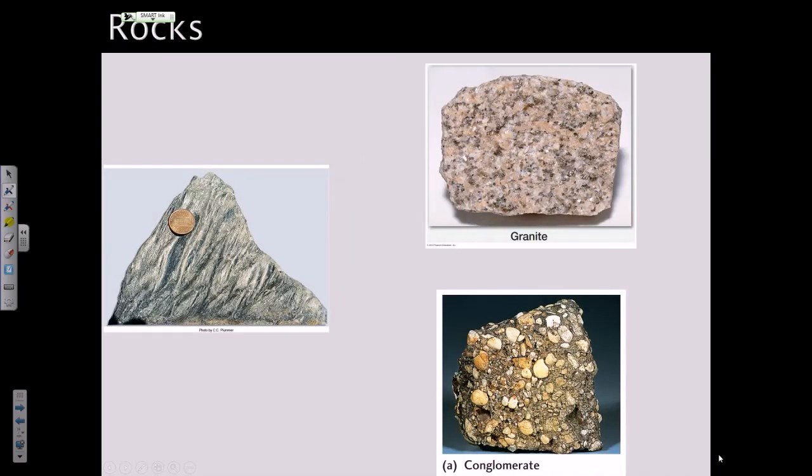Okay. If we take the three different kinds of rocks that are part of the cycle, we have metamorphic rocks, igneous rocks, sedimentary rocks.